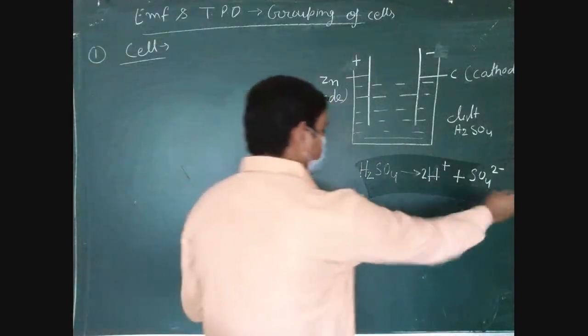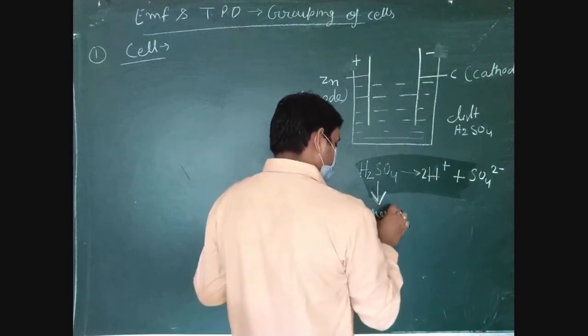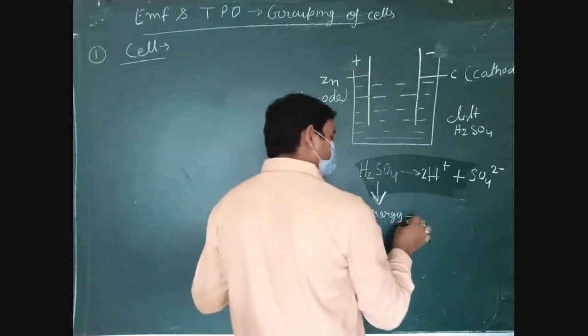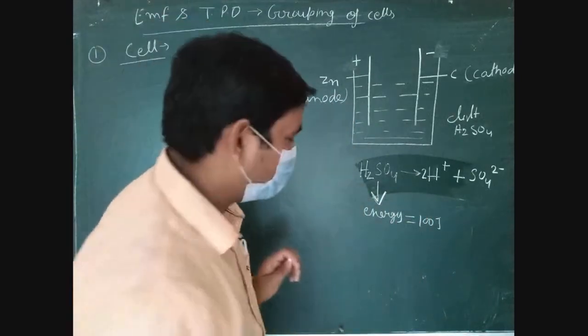Clear? It is observed that the energy required for formation of H2SO4 is 100 Joule, for example.